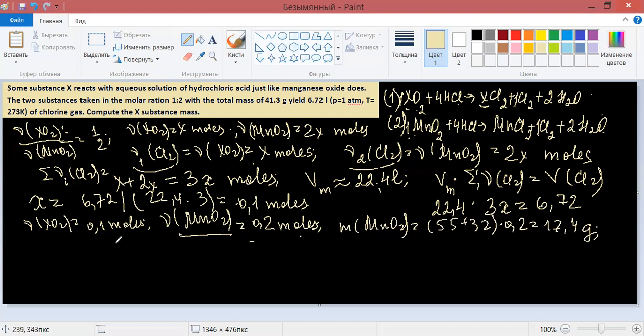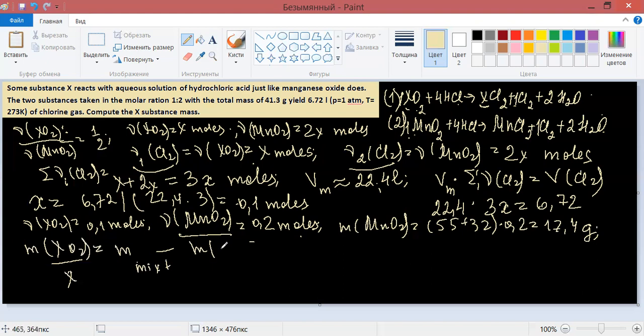So now we've got the last step in order to obtain the result we asked for. We know that the mass of the mixture is 41.3 grams, right? That means that the mass of XO2, doesn't matter, is found by subtracting the mass of the manganese oxide from the mixture.